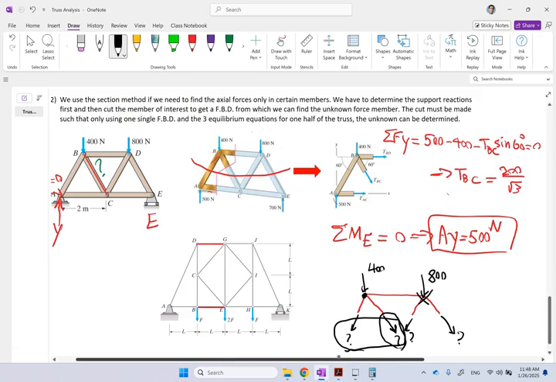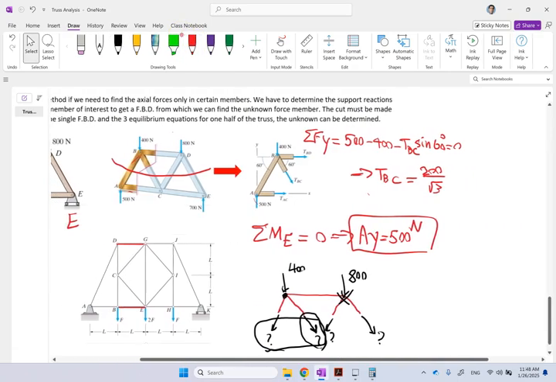And you might say, what if you look at the bottom portion of that? Would that be any different? If you look at the bottom portion, then you will have this. First of all, you have to find these 2 external reactions, but let's say we did 500 and 700.